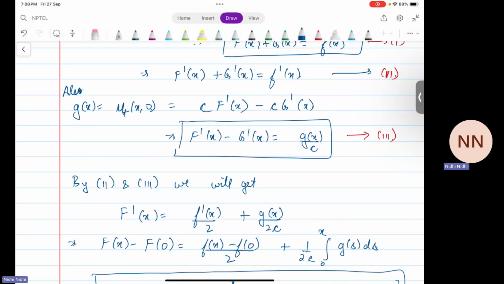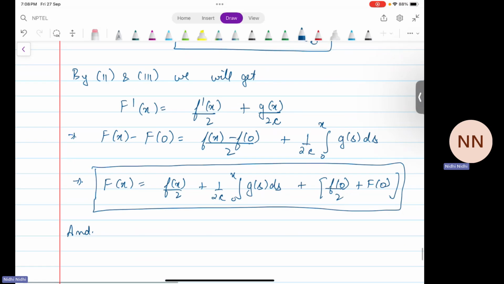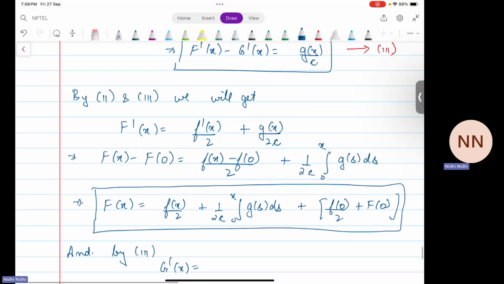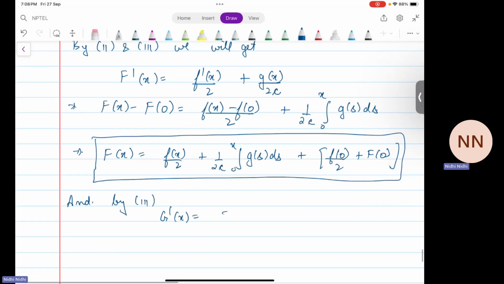By equation third, we will get g dash x is equal to f dash x minus gx by c.